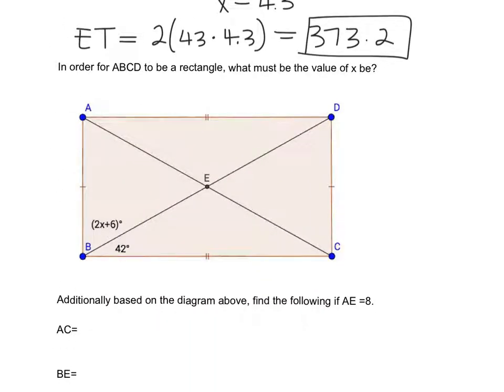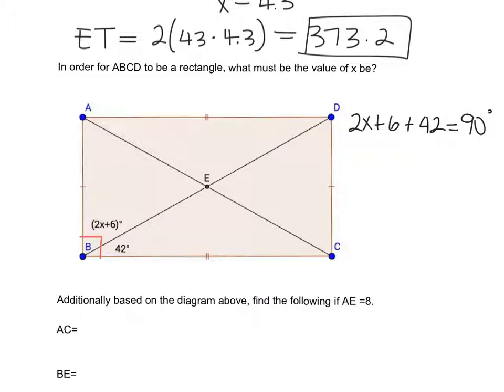Our next example says, in order for ABCD to be a rectangle, what must be the value of x? So we have 2x plus 6 and 42. In a rectangle, all angles are right angles, which means that when I add 2x plus 6 and 42, I have to get 90 degrees in order for it to be a rectangle.